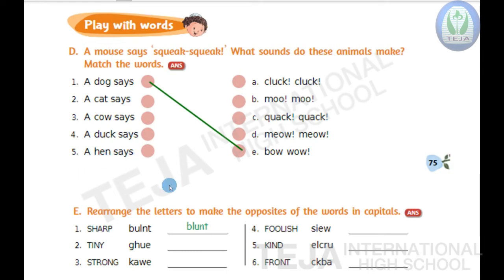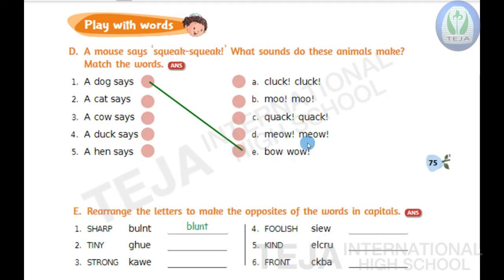Now the sounds in column B are A, cluck cluck, B, moo moo, C, quack quack, D, meow meow, E, bow wow. Now match it correctly, children.